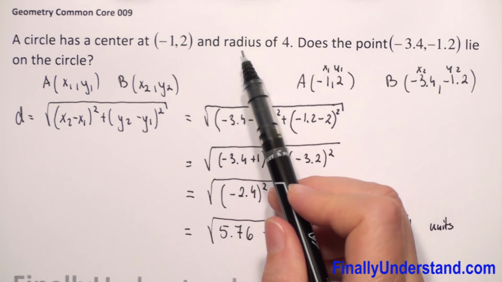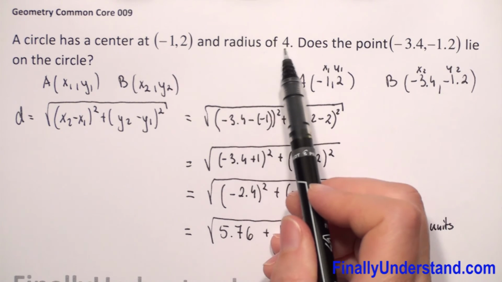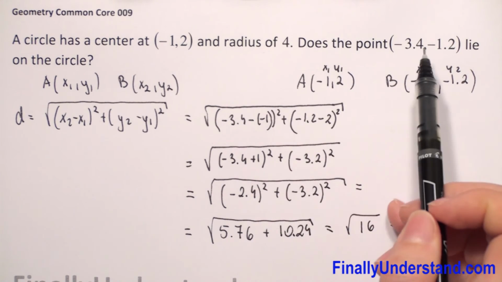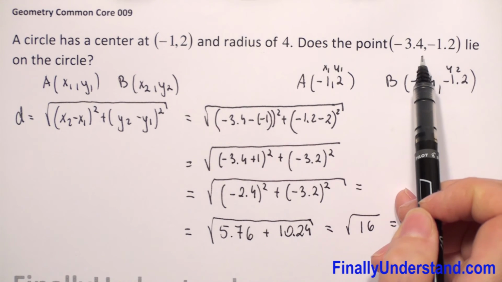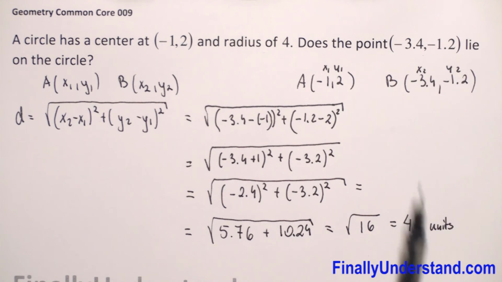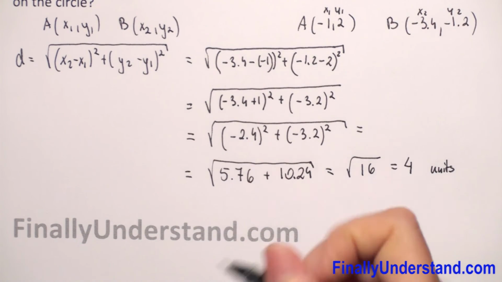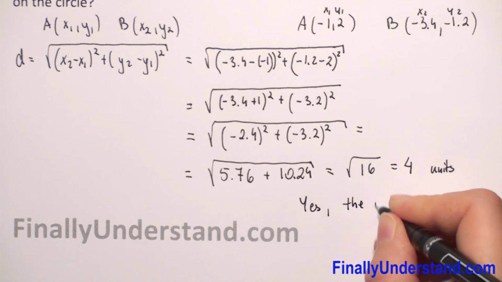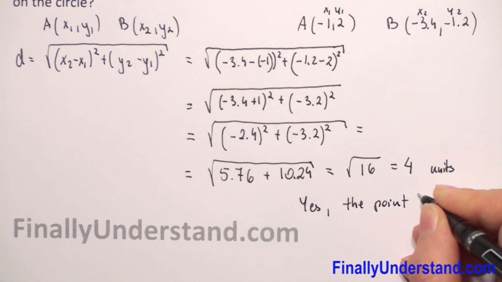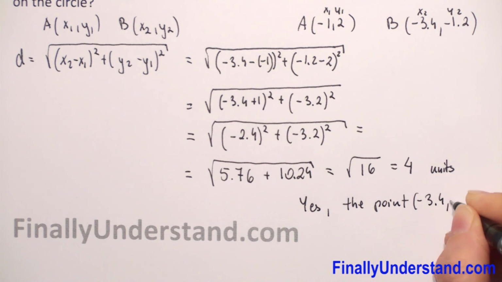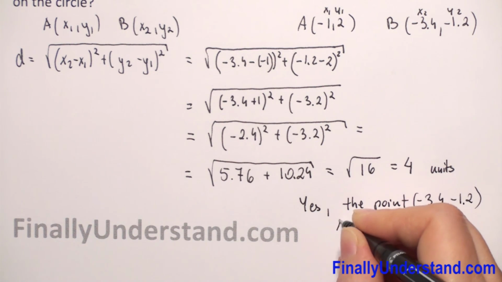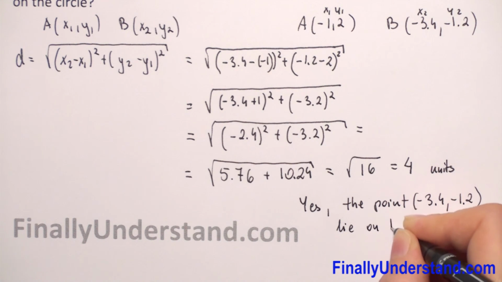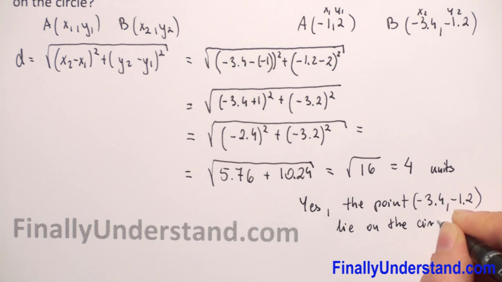And the radius of our circle is 4, which means that this point lies on the circle. This is my solution.